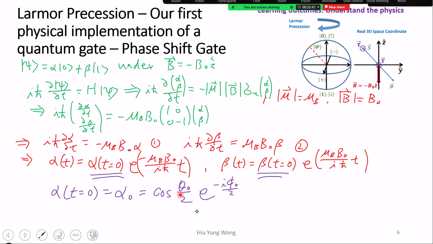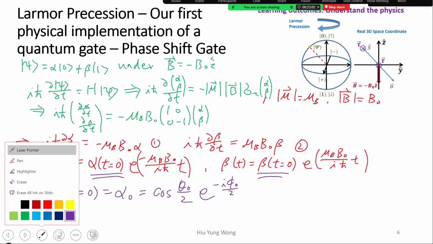Remember, this is another form for the state. Instead of alpha 0 plus beta 1, the other form is cosine theta 0 divided by 2, e to the power negative i phi divided by 2. Is that okay? So that is alpha 0, right?